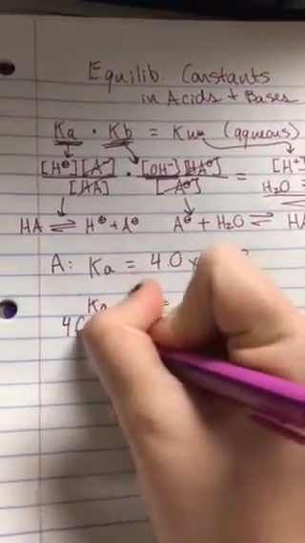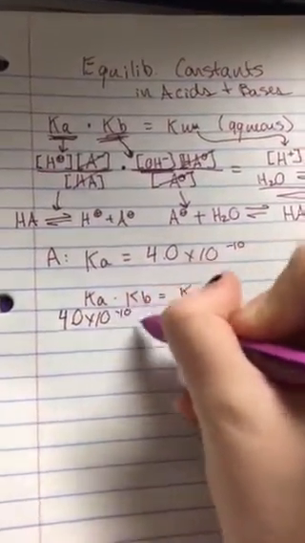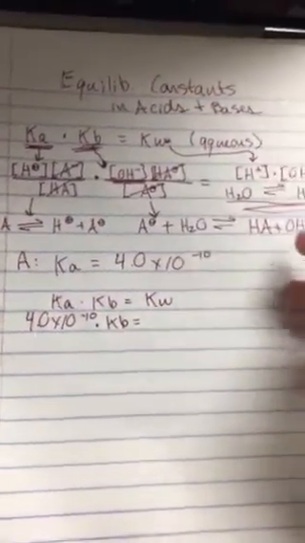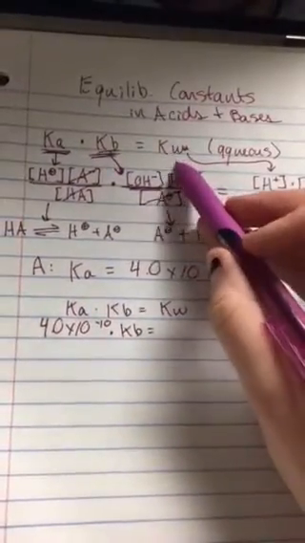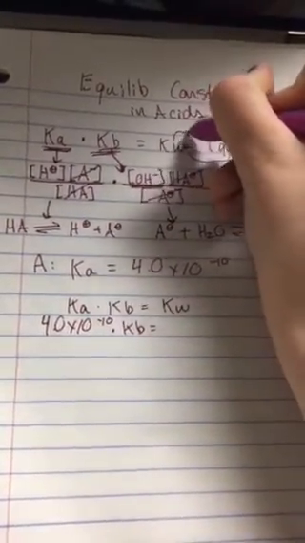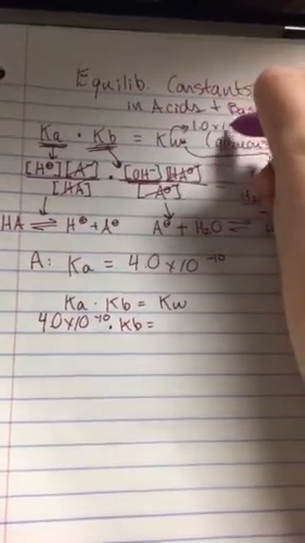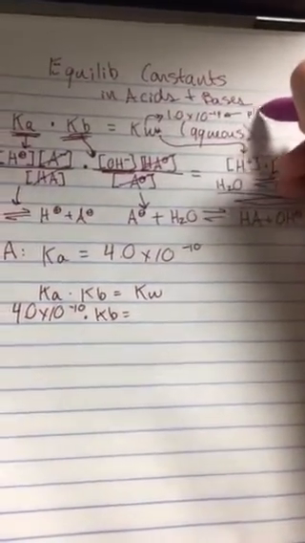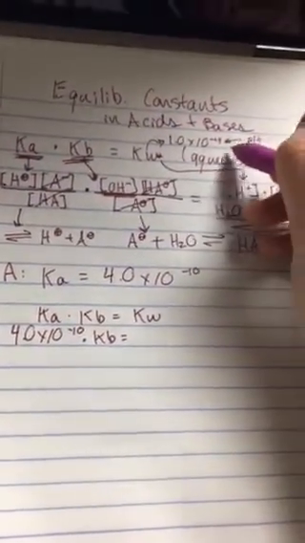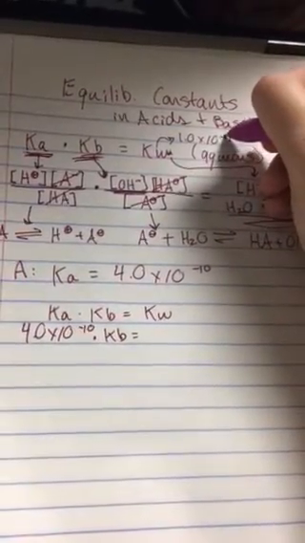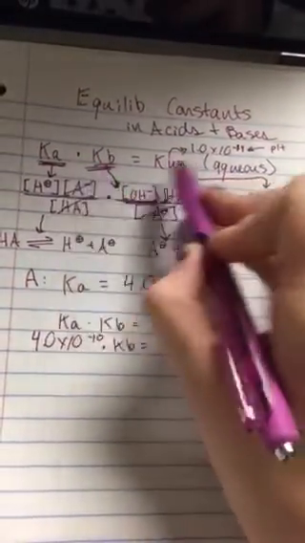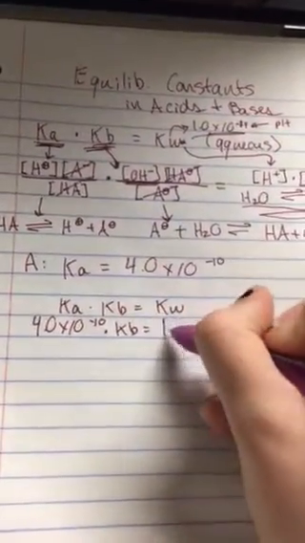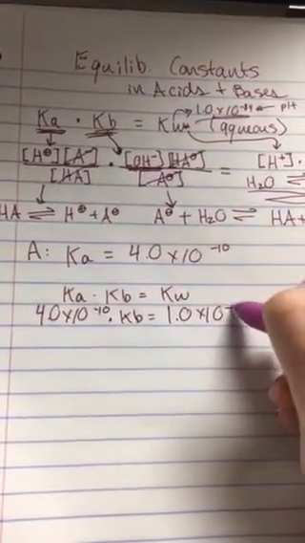So you have 4.0 times 10 to the negative 10th times Kb is equal to Kw, which we know is always 1.0 times 10 to the negative 14th. This number looks familiar because it's related to the pH: you take the negative log of this to get the pH. So these two numbers multiplied by each other always equal this number.